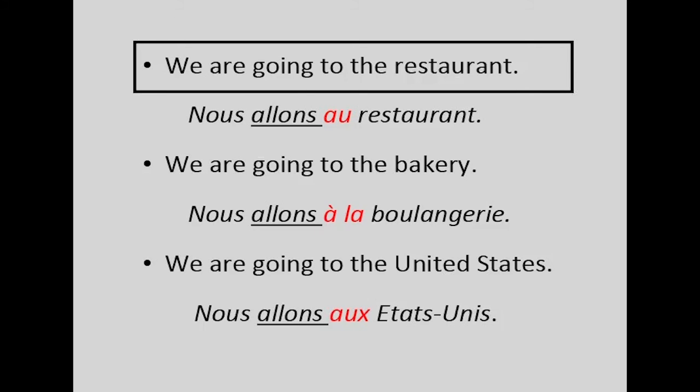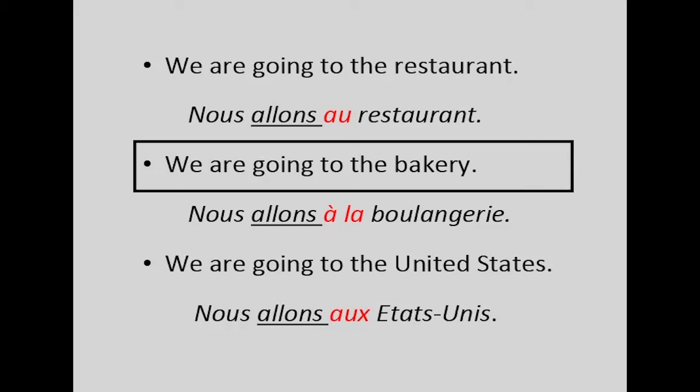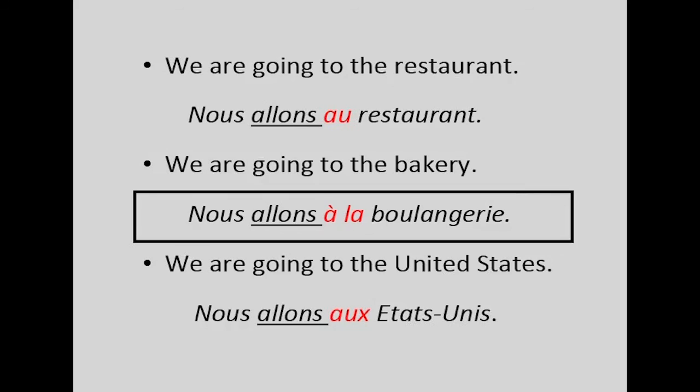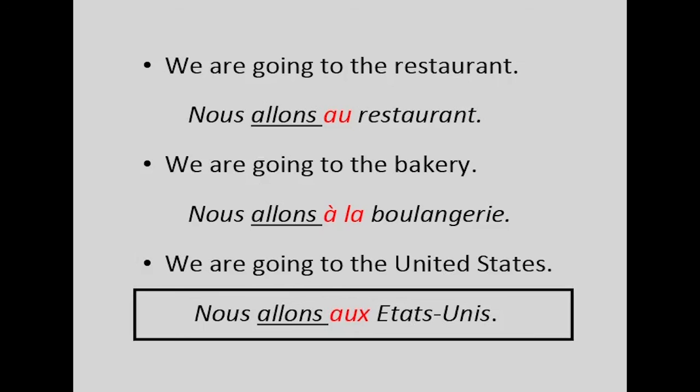So if we say we are going to the restaurant, the French translation would be "Nous allons au restaurant." We are going to the bakery, it would be "Nous allons à la boulangerie," because "boulangerie" is a feminine word. And if we say we are going to the United States, the French translation would be "Nous allons aux États-Unis."